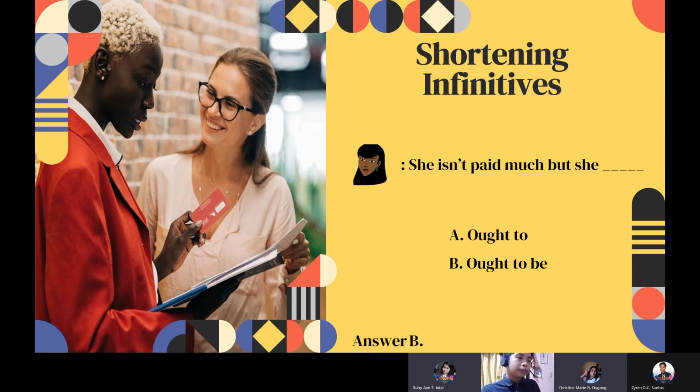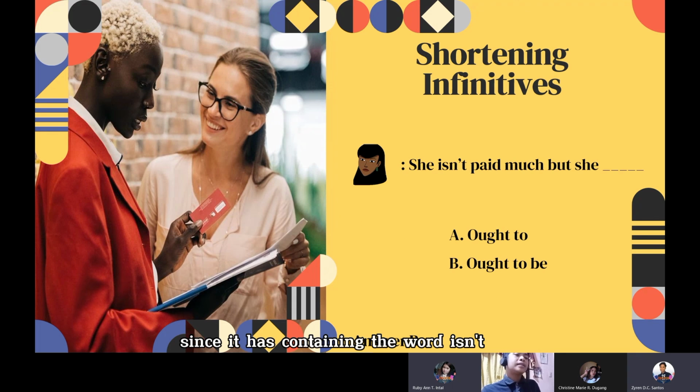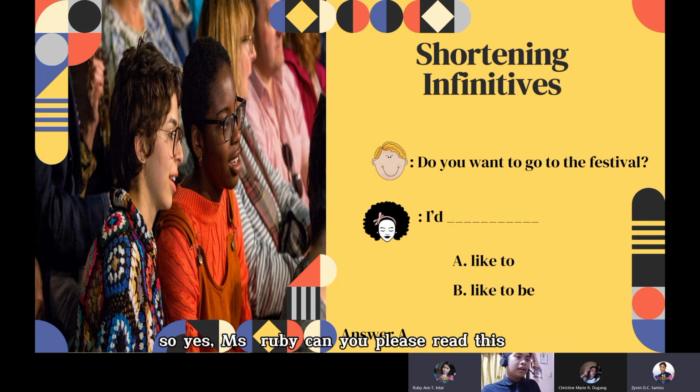Letter B. Okay, since the sentence contains the word "isn't," or the verb "be," we should use the word "to be," or the full infinitive clause, in the sentence. There you go. Yes, Miss Ruby, can you please read this and tell us what infinitive is used here?